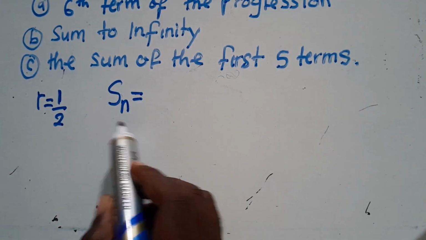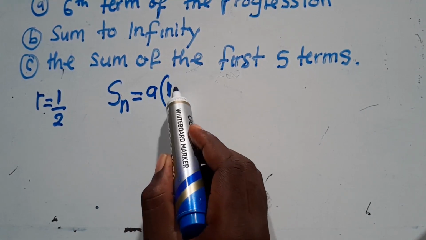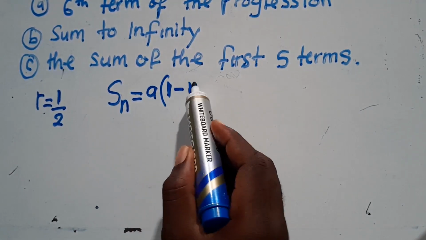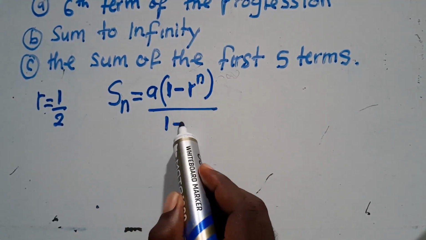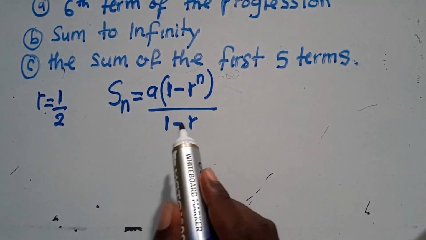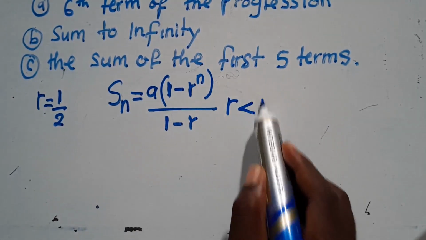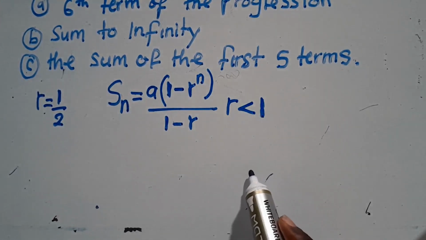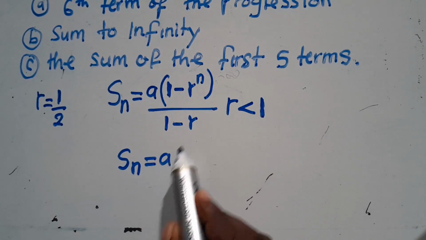So I'm going to say this is equal to a(1 minus r^n) over 1 minus r. This is the formula we use if the common ratio is less than 1. But if the common ratio is greater than 1, the formula we are going to use is this one.